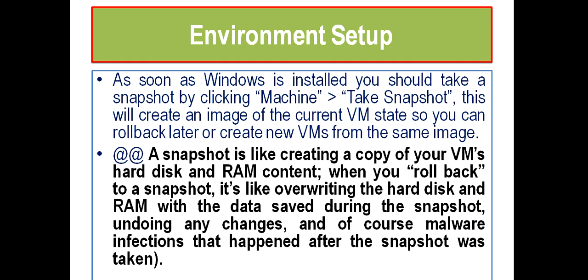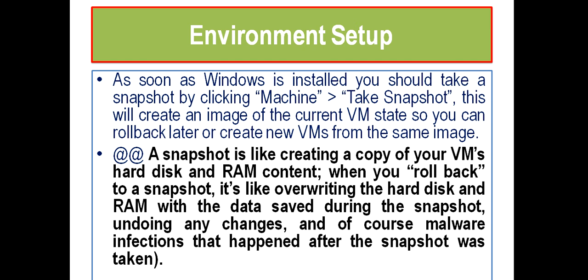Snapshot definition in bold. So what is that exactly? A snapshot is like creating a copy of all your virtual machine's hard disks and RAM content that you have set up during the virtual machine setup portion.